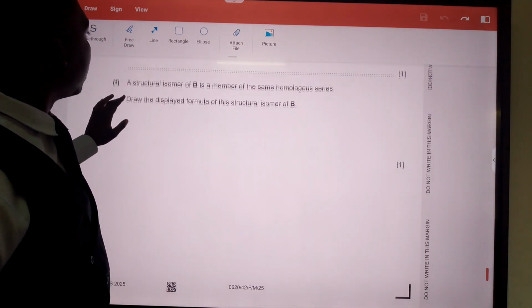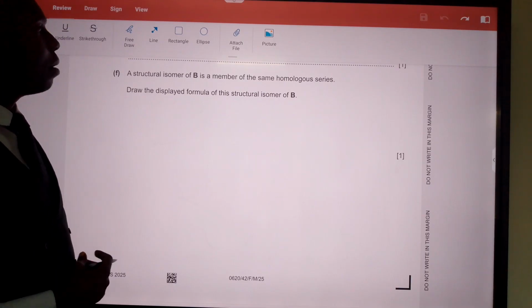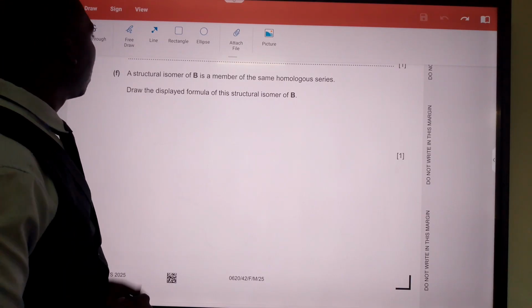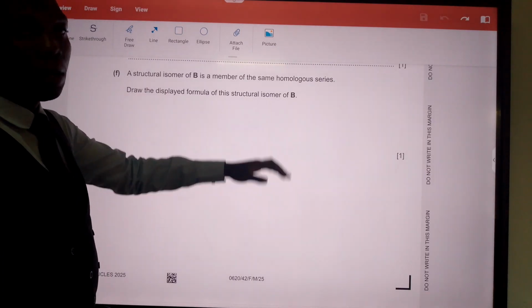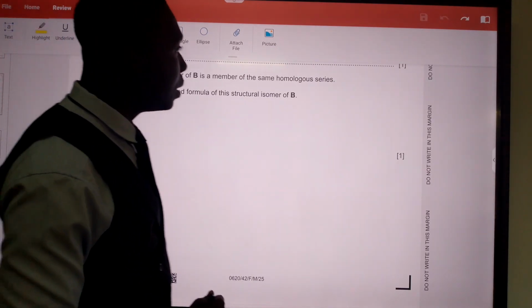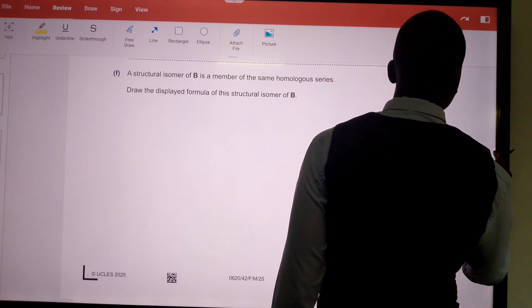The next question reads, a structural isomer of B is a member of the same homologous series. Draw the displayed formula of this structural isomer. So we also need to define what an isomer is.